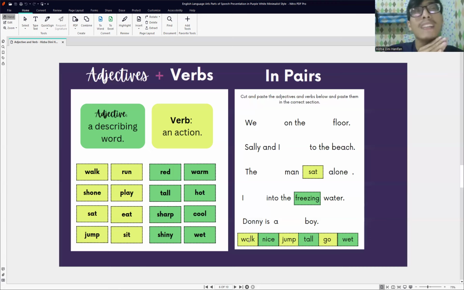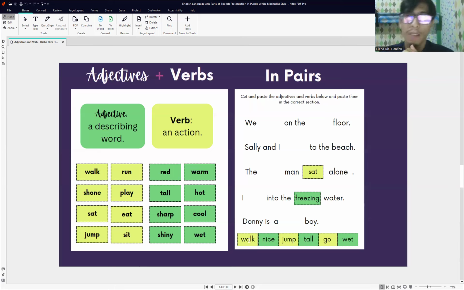Okay, given the definition about adjective and verbs, I'd like to give extended information regarding both parts of speech. The very first thing you need to remember, aside from understanding the definition itself, is adjective normally follows a noun.